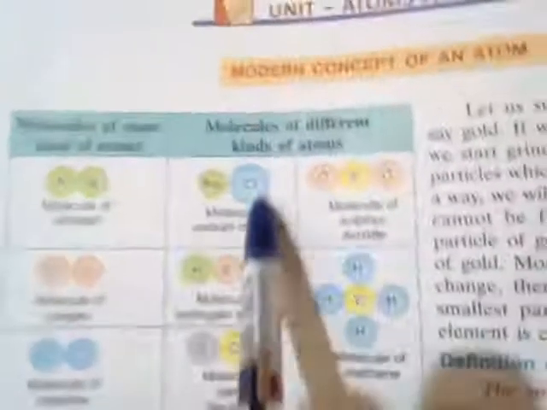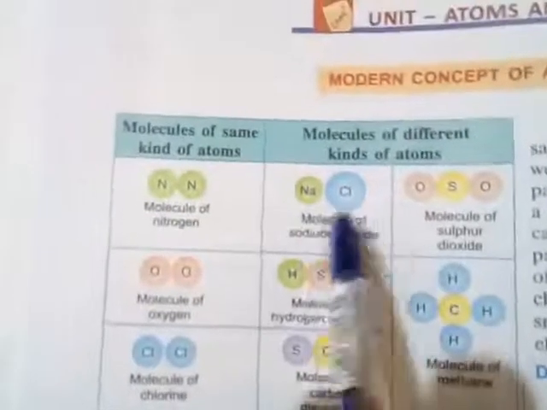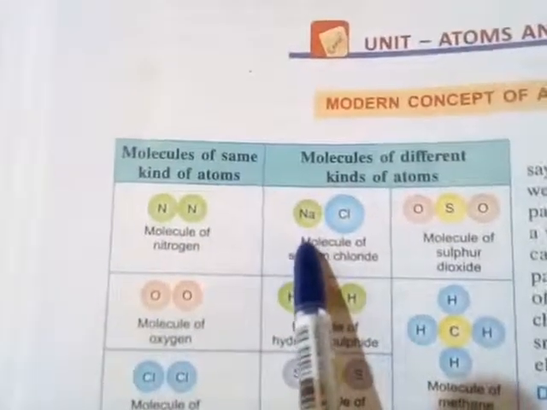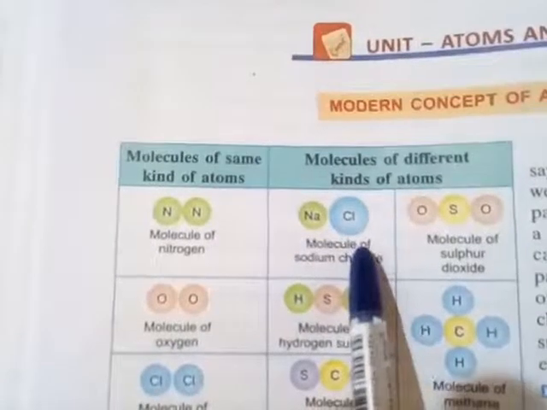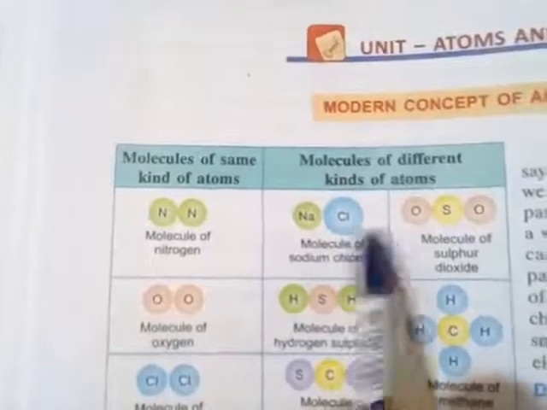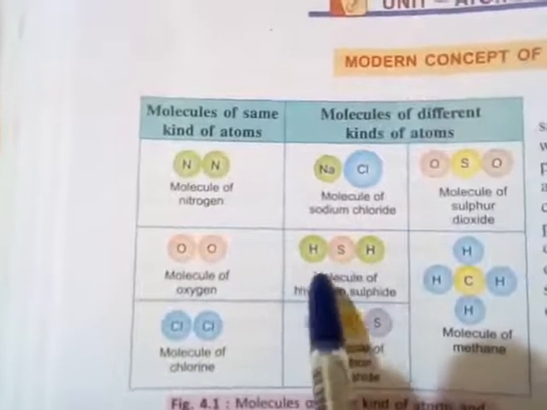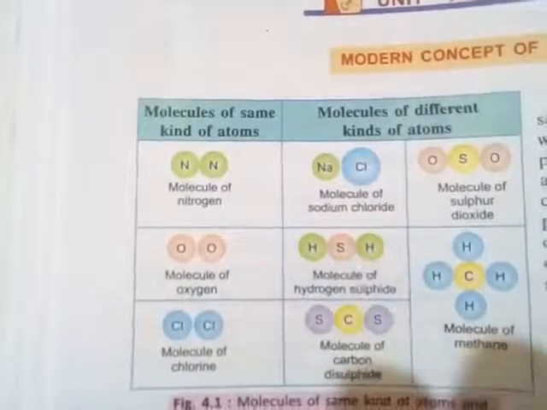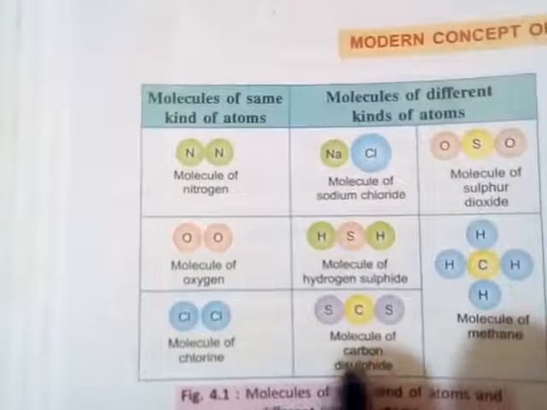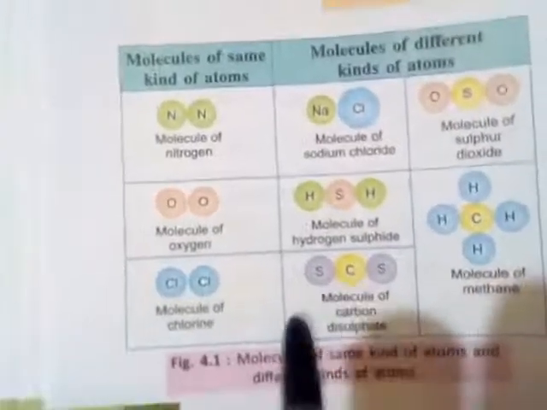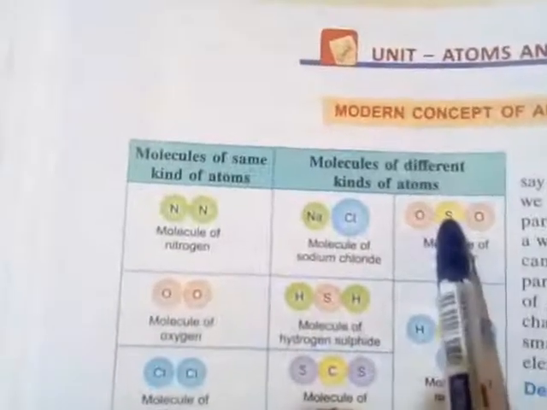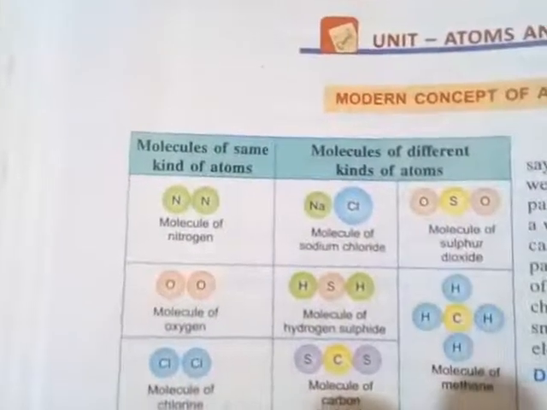In NaCl, the sodium atom and the chlorine atom are there, so two different atoms are combined. In hydrogen sulfide, H2S, there are two hydrogen atoms and one sulfur atom. In carbon disulfide, there is one carbon atom and sulfur atoms. In sulfur dioxide, one sulfur atom and two oxygen atoms are present.